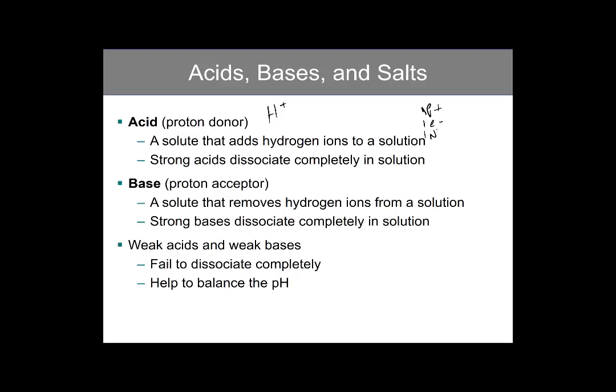An ion of hydrogen is created when you lose the electron. So at that point, a hydrogen ion is nothing more than a proton. So acids are proton donors. A solute that adds hydrogen ions to a solution is an acid.